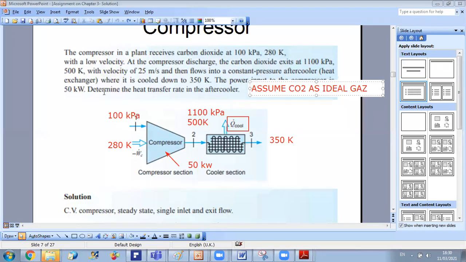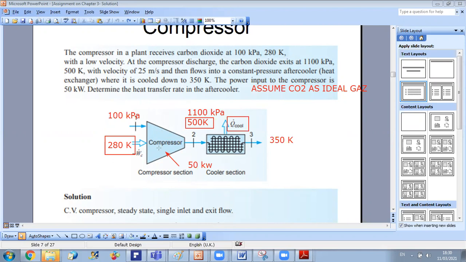So in the ideal gas table of CO2, for a temperature of 280, what will be the enthalpy? We look at a temperature of 500 Kelvin, what will be the enthalpy? And then knowing H inlet, H exit, and knowing also the work in the compressor, we can get the value of what will be our unknown here.